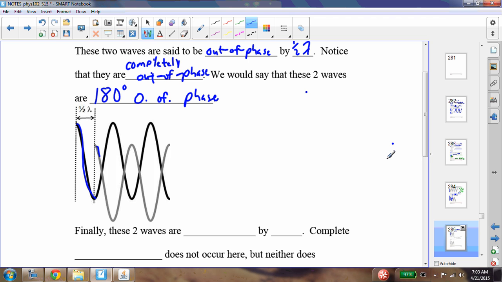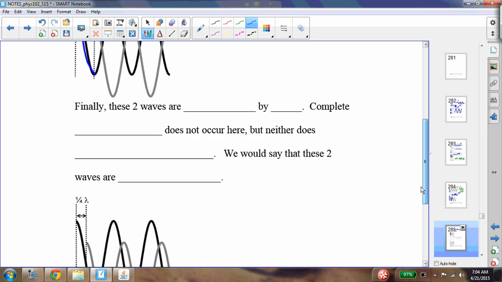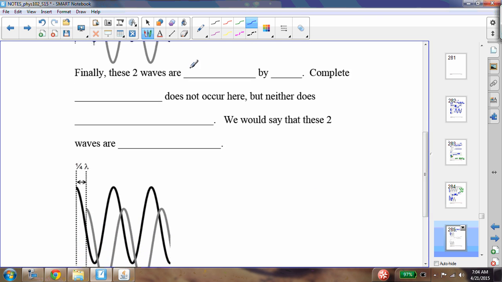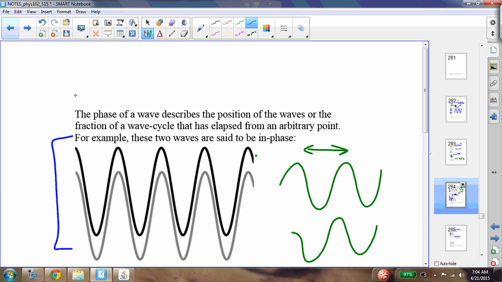Now finally, these two waves are out of phase here by a quarter wavelength. So at this point, complete destructive interference does not occur.